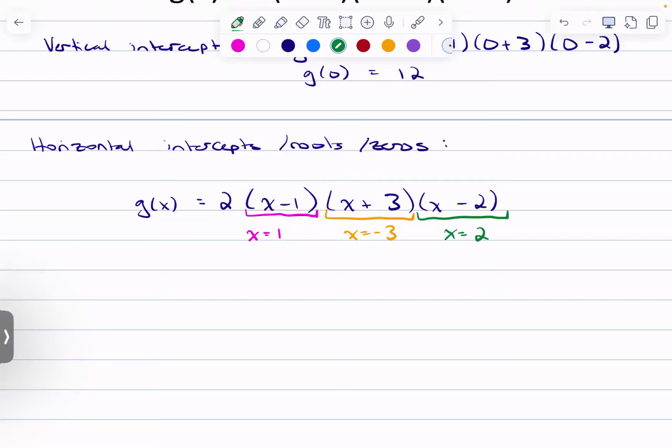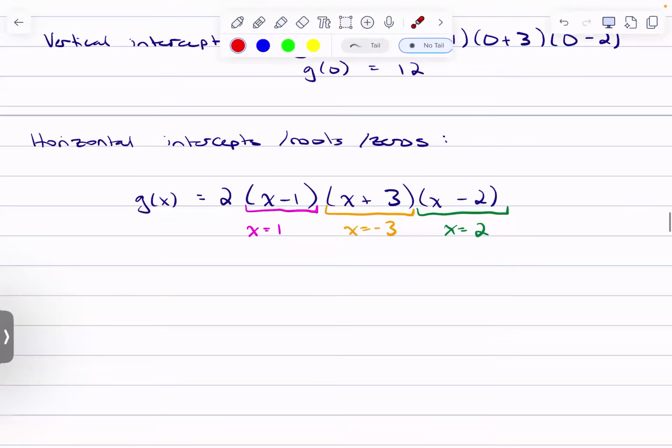And so what that means is at x equals 1 or -3 or 2, I know that I'll cross the x-axis at these points. Okay. And if we had to sketch this thing out, there's some other stuff that we don't know, but we have a pretty good idea.